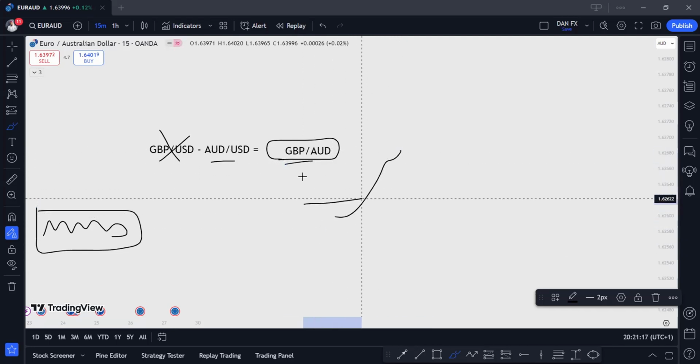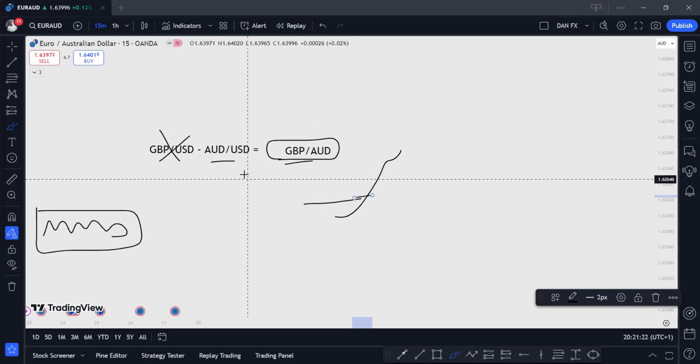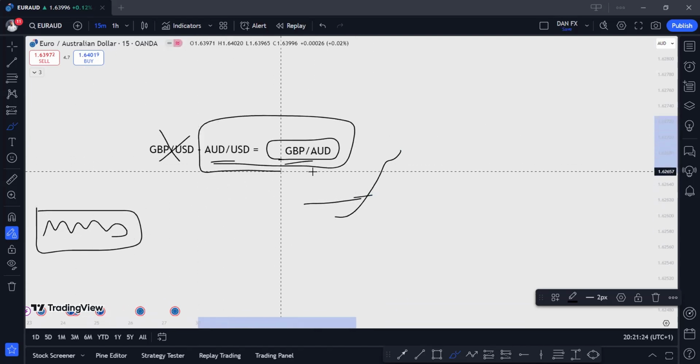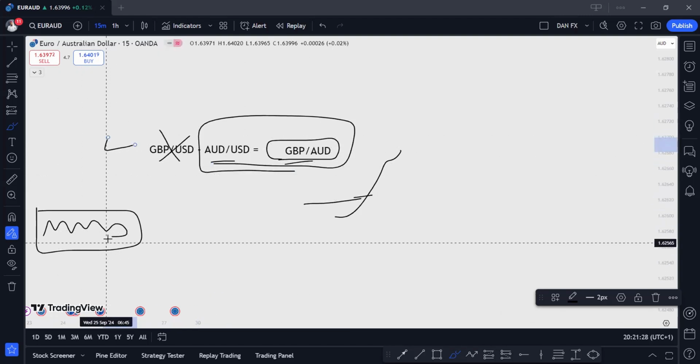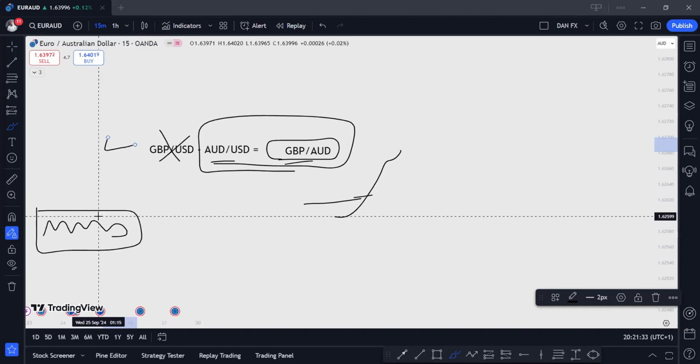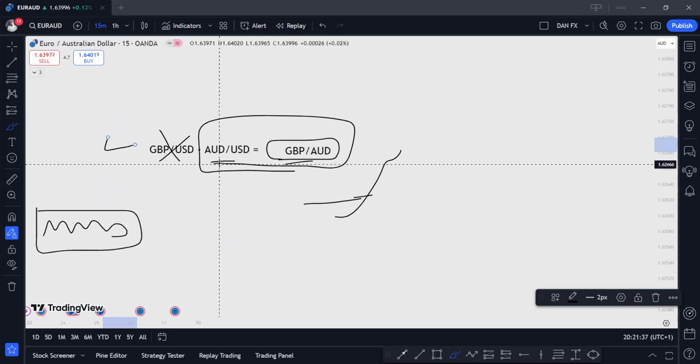So that's why if you look at these two pairs, you're going to notice that they don't usually consolidate during Asian session, because that's the time that they are moving these two. And as they're moving these two, they're holding this one sideways. That's why you see pairs like GBP/USD, EUR/USD, USD/CAD. No, not NZD/USD, those ones moved in Asian session.